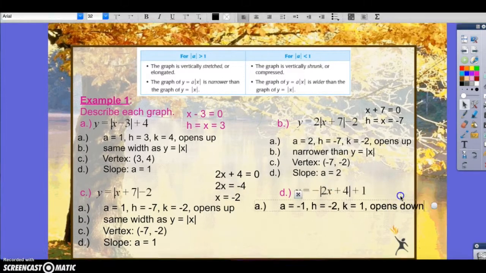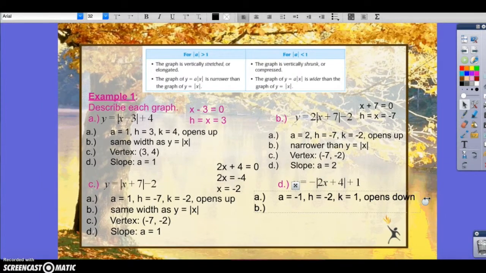All right, and then B. If a is -1, it's the same width as y equals absolute value of x. All right.